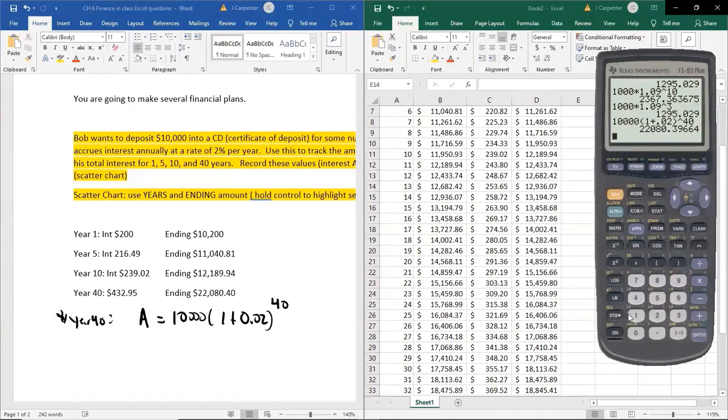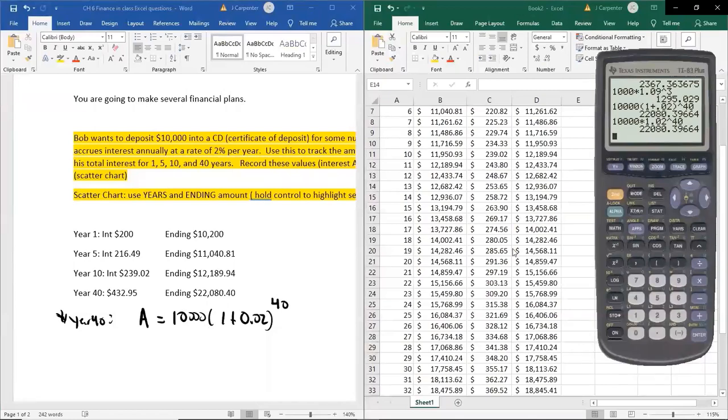If you wanted to do the 10,000 times the 1.02, if you want to go ahead and add that in your head or on paper, then do your exponent of 40, you can see you get the same answer. Doesn't matter. I actually suggest most of you do it the first way I did it, because that's less computation on your part, especially when we get to the next formula where doing that addition will be a little more annoying because there'll be fractions involved.